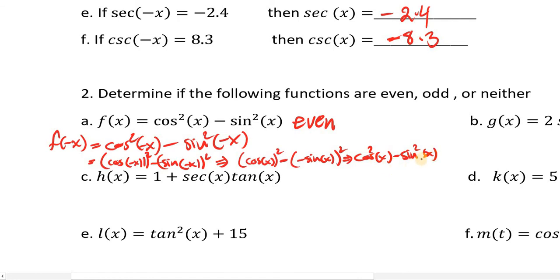And this is exactly the original function, so this is equal to f of x, which means it's even. So if f of negative x is equal to f of x, the function is going to be even.